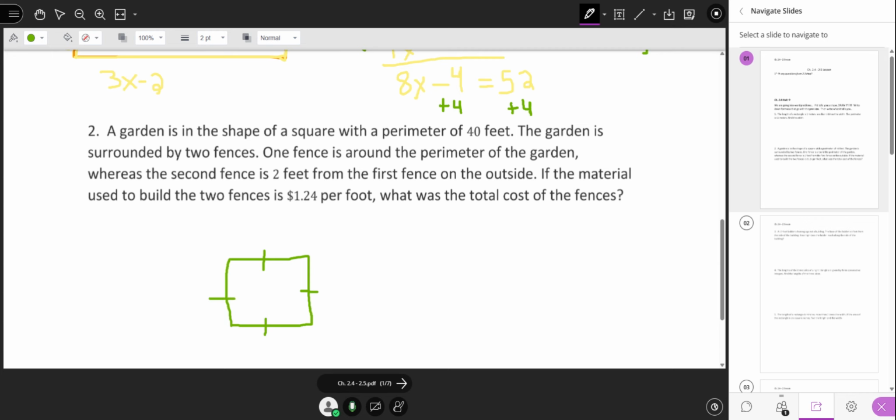Well, that means 40 divided by 4, that gives us 10 on all of these. The garden is surrounded by 2 fences. One fence is around the perimeter of the garden, whereas the second fence is 2 feet away from the first fence.